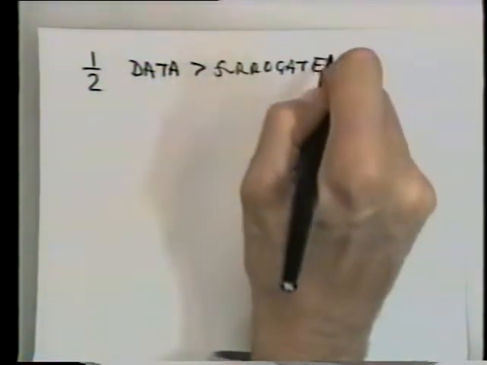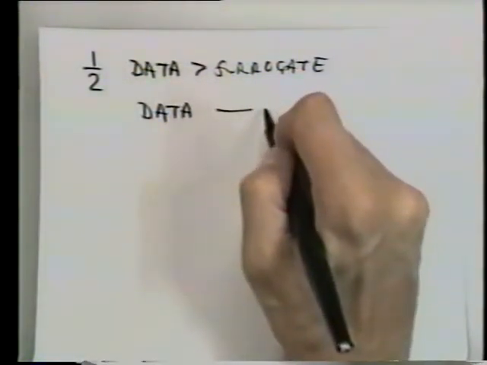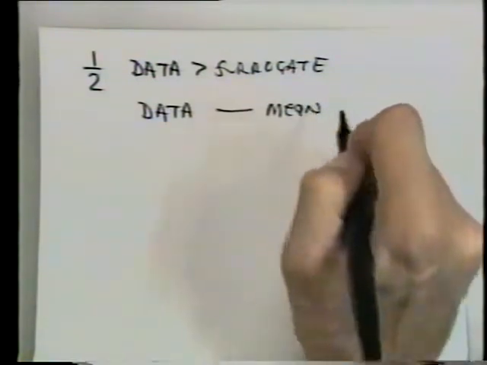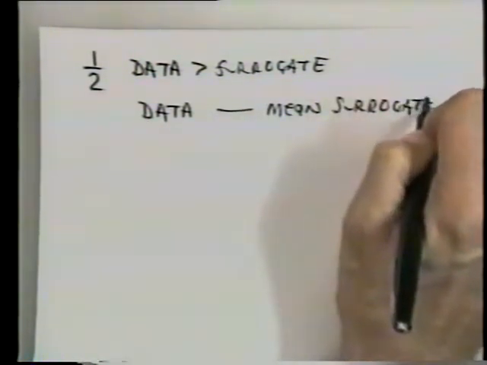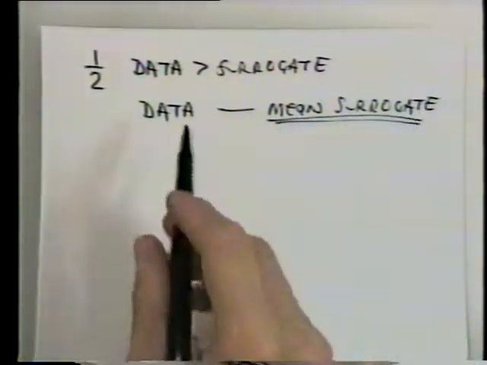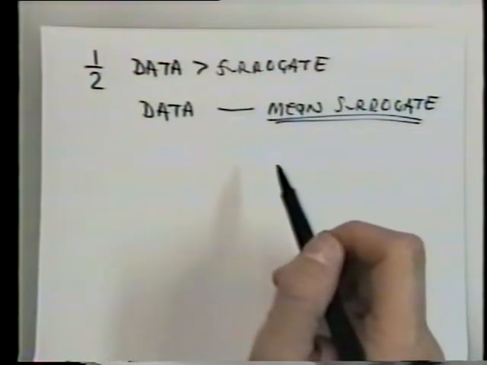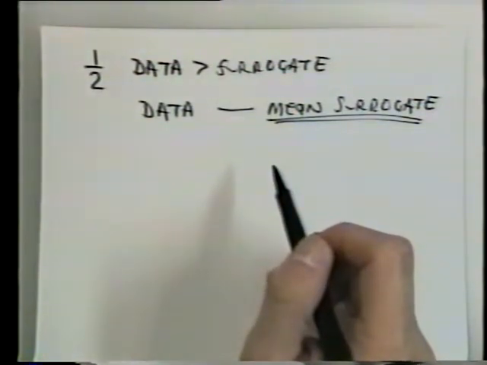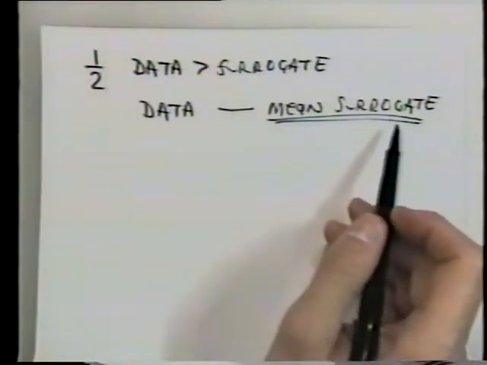What a few people tried to do is determine from the data what the average value of those surrogates was, the mean of the surrogate, and then from that, use the binomial distribution. It's not clear to me that's quite what you want to do. I need to think more about what that means, but I'm just saying that a number of people did that.